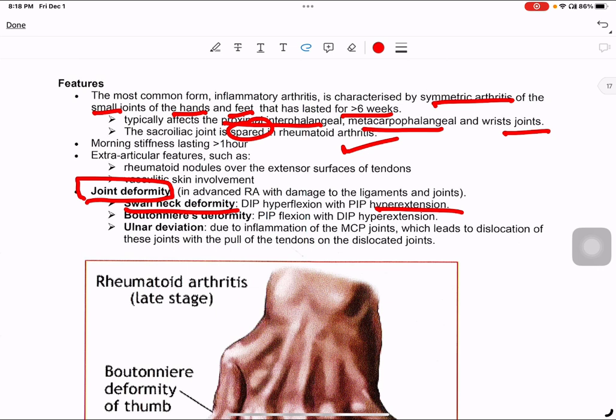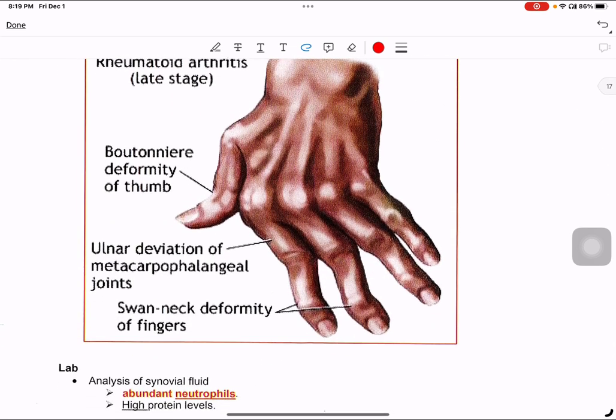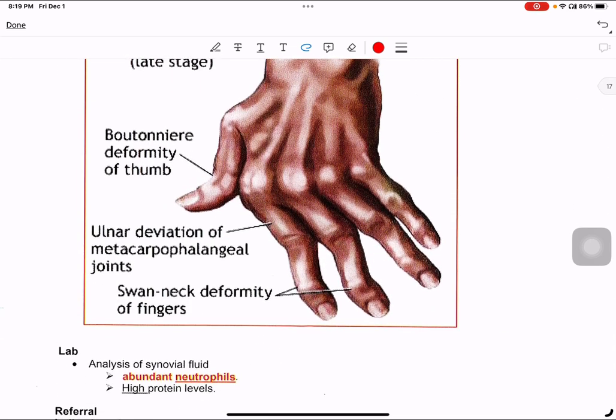There is boutonniere deformity: PIP flexion and DIP hyperextension are present. Ulnar deviation may be present in rheumatoid arthritis. So there are different types of deformity like swan neck deformity, boutonniere deformity, and ulnar deviation of the metacarpophalangeal joints present in rheumatoid arthritis.